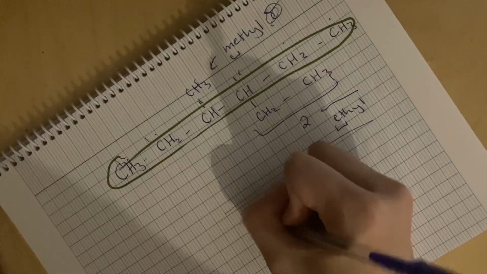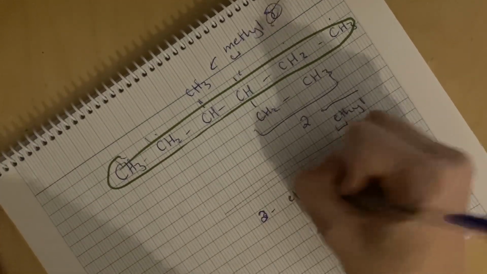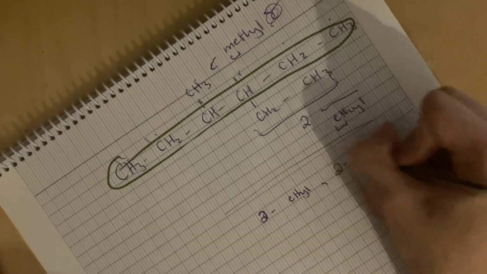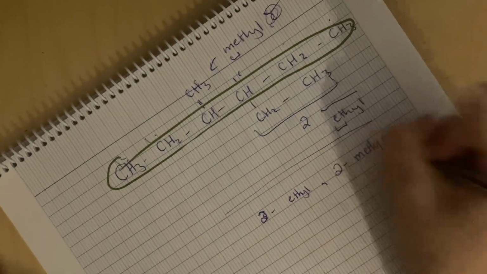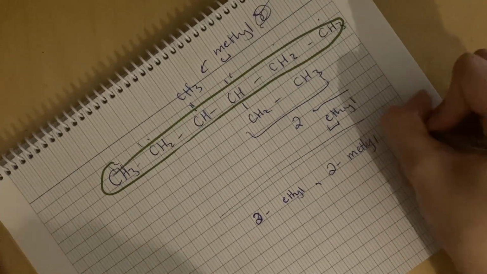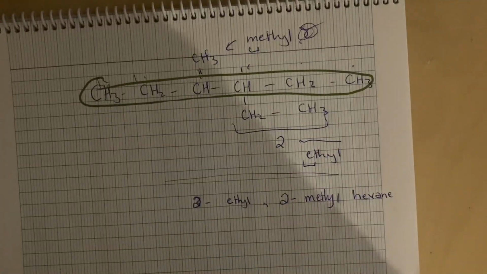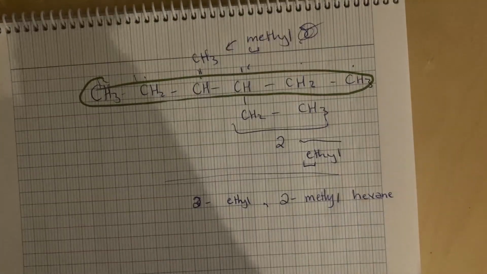So it's going to be 3-ethyl, 2-methyl, and then this is 1, 2, 3, 4, 5, 6, which is hexane. So that is how you name and identify different organic compounds, specifically hydrocarbons.